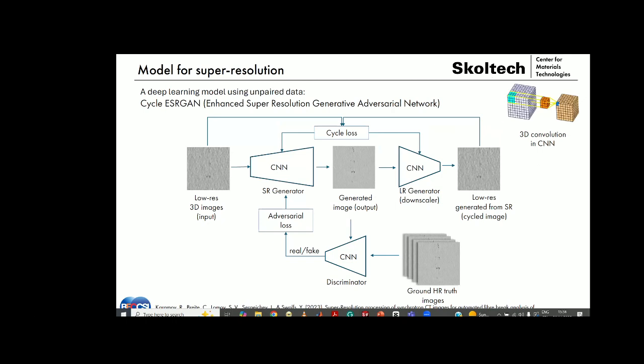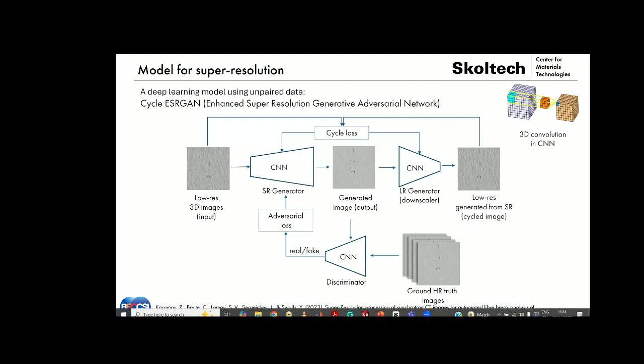It takes low resolution images and gives us high resolution images. The discriminator is needed to make the training process correct; it basically compares whether an image is generated or not. And the lower generator is needed just to make unpaired training possible.